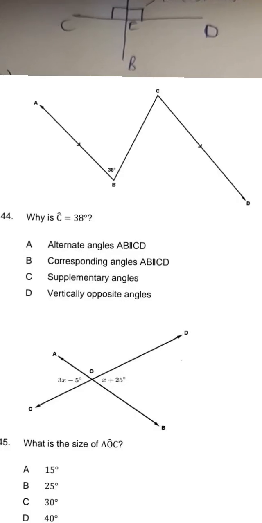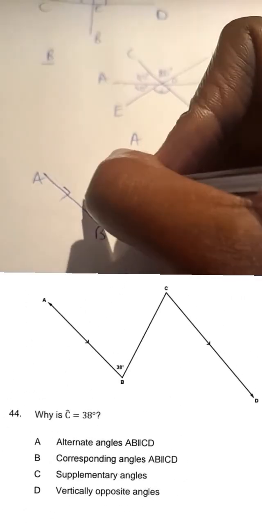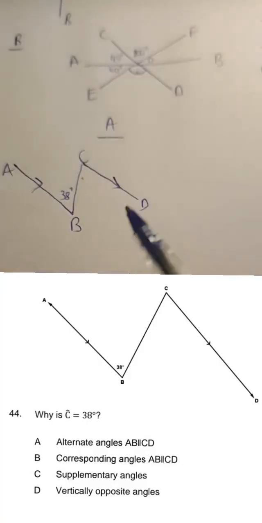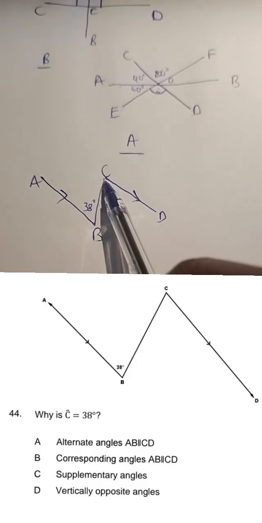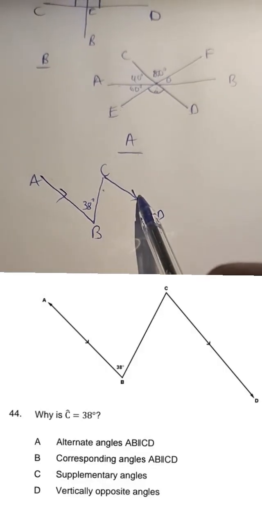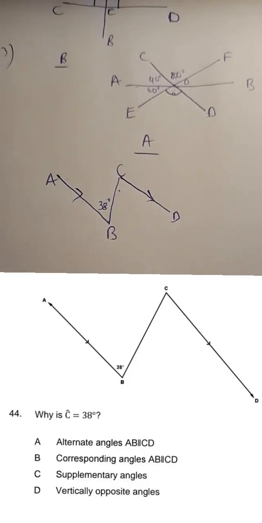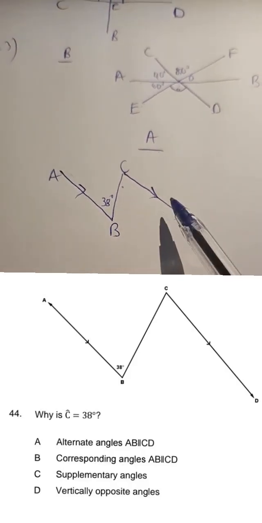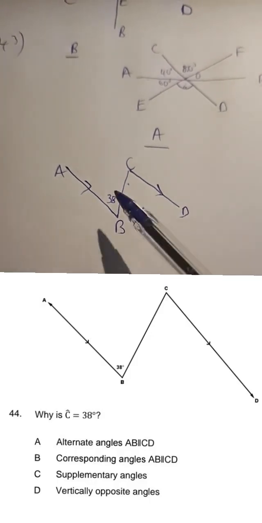So yes, guys, A is our correct option. If we have 38 degrees there, and these lines AB and CD are parallel, then from our knowledge of geometry, we know that between parallel lines there are three relationships that we know.